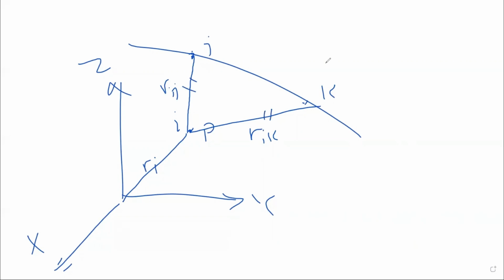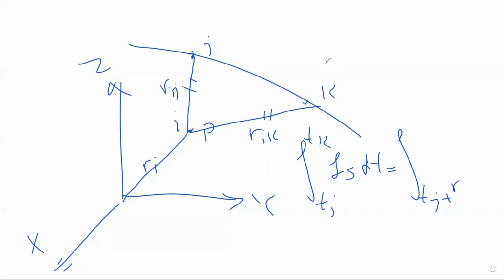How do we do that? There is a condition that should be fulfilled. The time that the transmitter sent with the frequency fs dt should be equal to the time that comes to the receiver, the Doppler count.